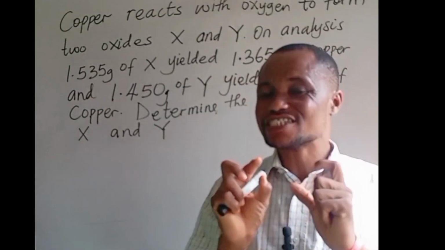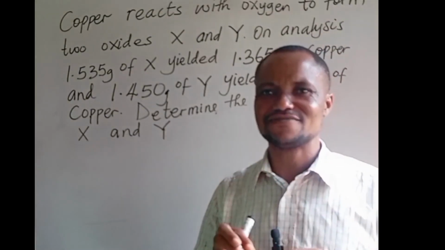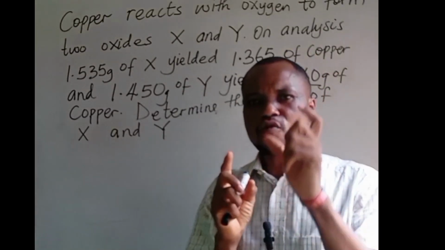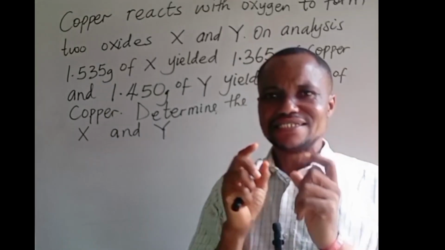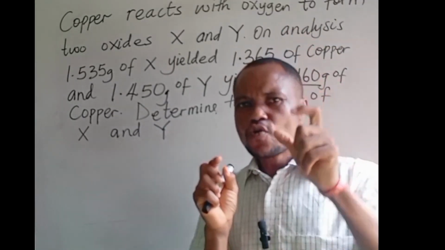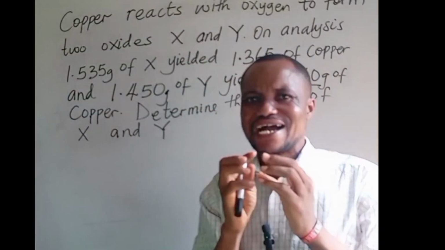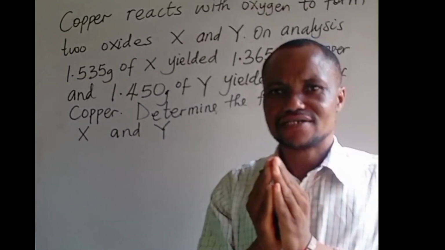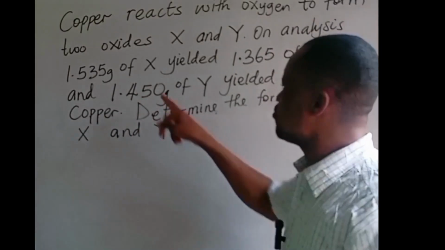The law of multiple proportion states that if two elements combine to form more than one chemical compound, then the masses of one element which combine with a fixed mass of the other element are in simple multiple ratio. Okay? Now, let's determine the formula of X.